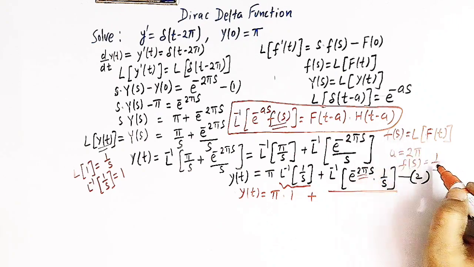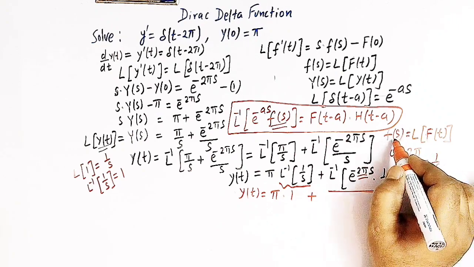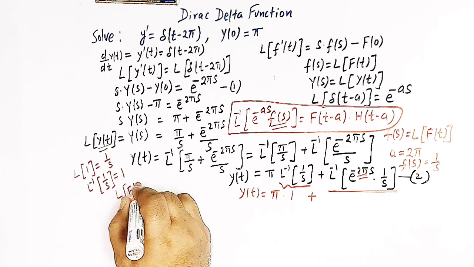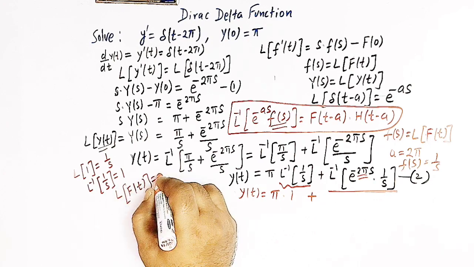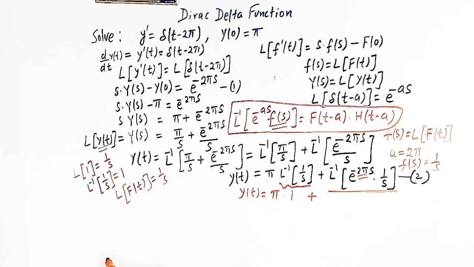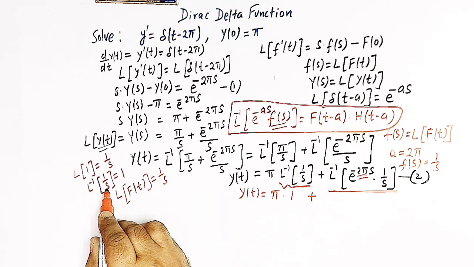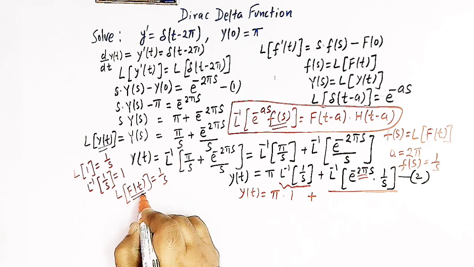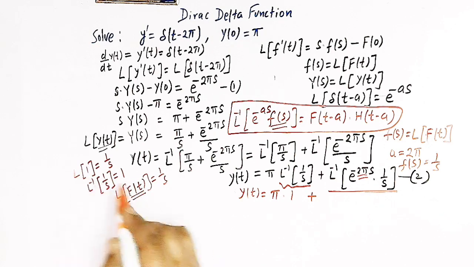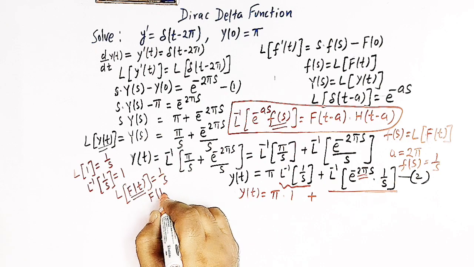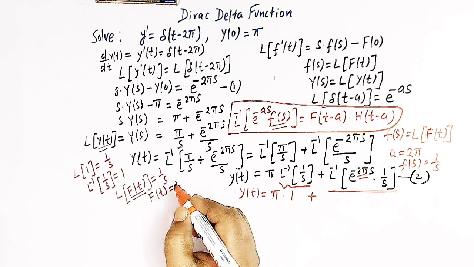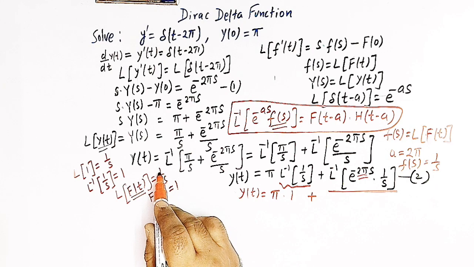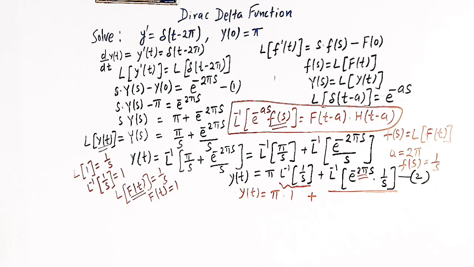So here F of s is 1 over s, so it implies that L of f of t is given by 1 over s. So from this result we can easily see that the value of this function f of t is equal to 1, right? So f of t is equal to 1 because the Laplace transform of 1 is 1 over s, right?